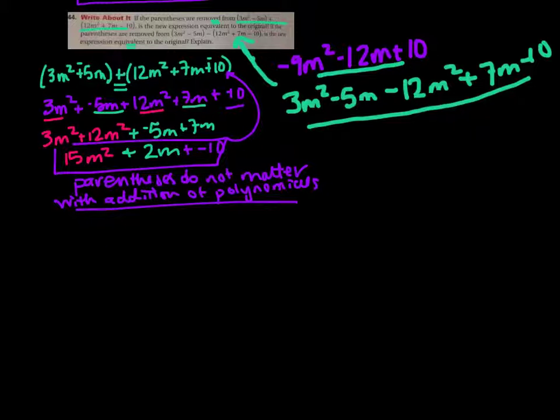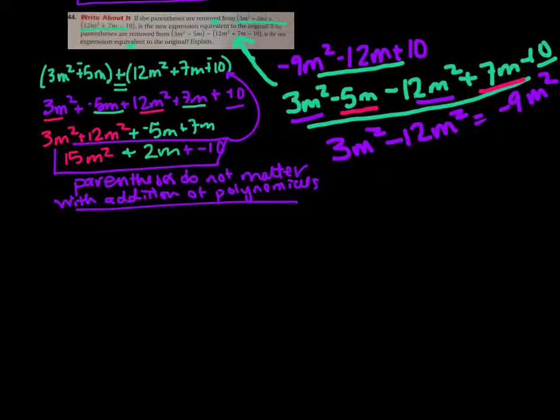So by doing that, let's find our like terms. We have 3m squared and minus 12m squared, and we have negative 5m plus 7m, and we have our minus 10. So looking at that, I already see a minus 10, and I don't like that. I want to see a plus 10. But I have 3m squared minus 12m squared equals negative 9m squared. So that was the same. That's kind of cool.